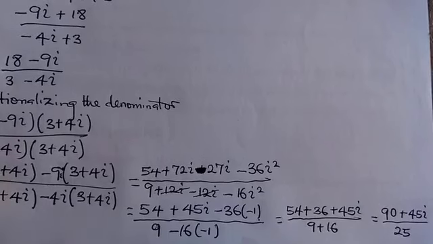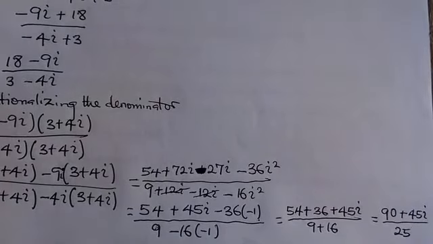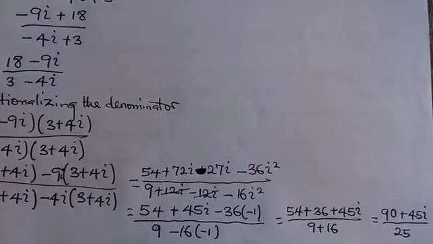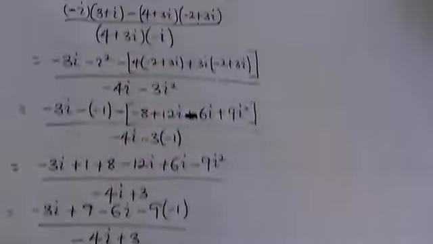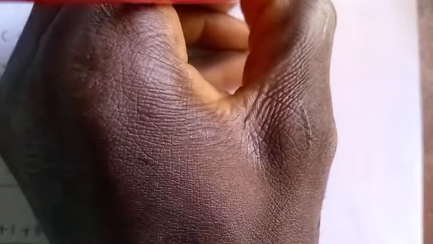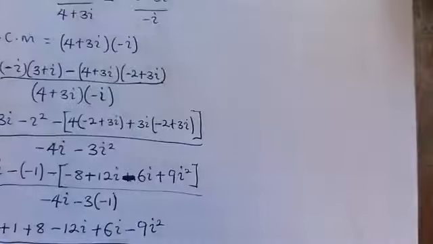So let's simplify this further. 90 plus 45i over 25.